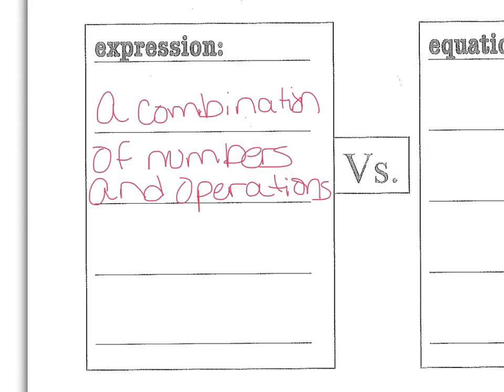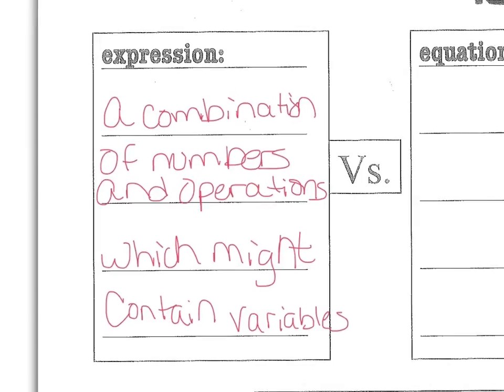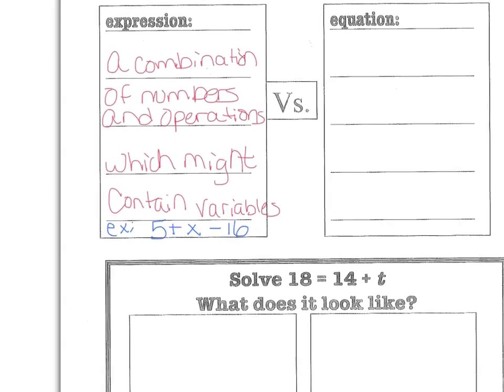So a combination of numbers and operations which might contain variables. And when they contain variables, we often call them terms. That's an expression. Okay, an example of an expression might be, let me write an example down here. An expression would just be 5 plus x minus 16. Okay, that's an expression. Now let's talk about an equation.